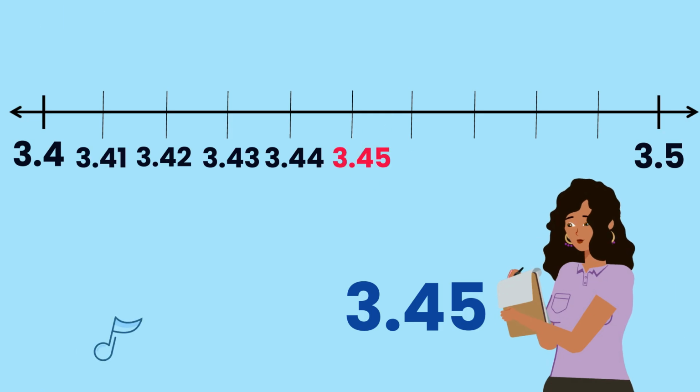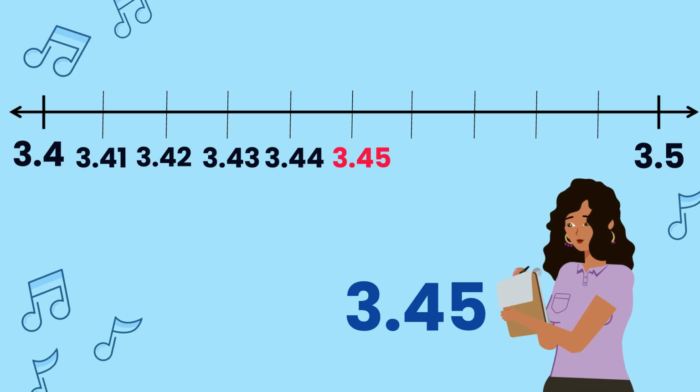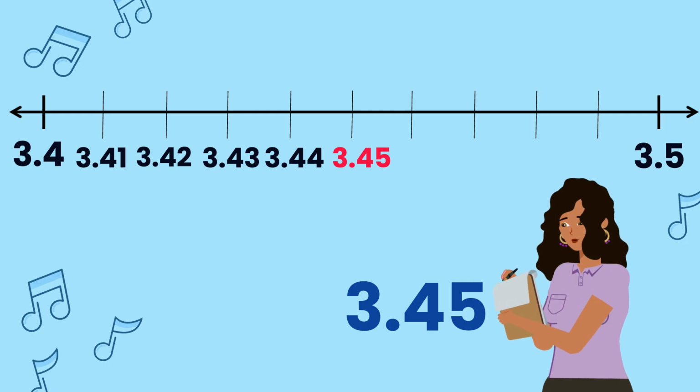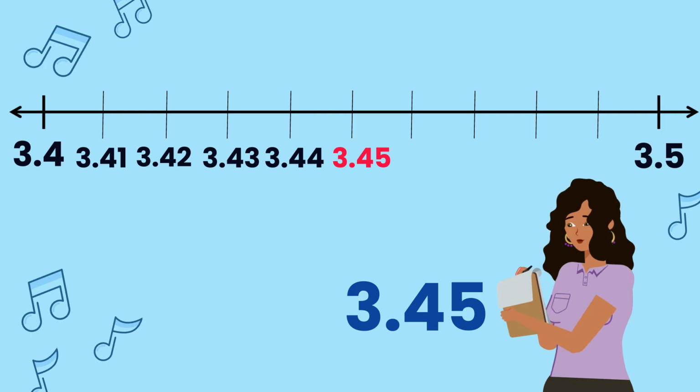Let's try one more. Madison's favorite artist just released a song that runs for 3 and 42 hundredths of a minute. Madison wants to make her song exactly the same length. Let's see what the difference between the two songs is.